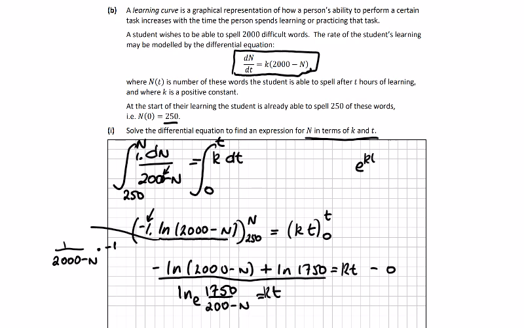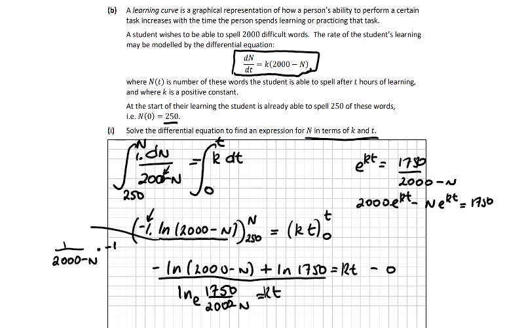E to the power kt is equal to 1750 over 2000 minus n. So 2000 e to the power kt minus n e to the power kt equals 1750.